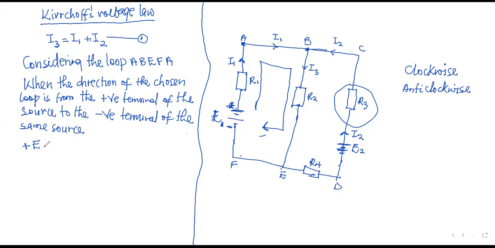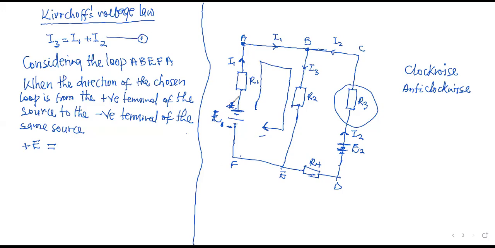So positive EMF must be equal to, we are now coming to apply Kirchhoff's second law because we have a closed circuit. Kirchhoff's second law says that within a closed circuit, the sum of PD across all resistors must be equal to the source voltage or potential difference. So I equate this to the PD across this one.